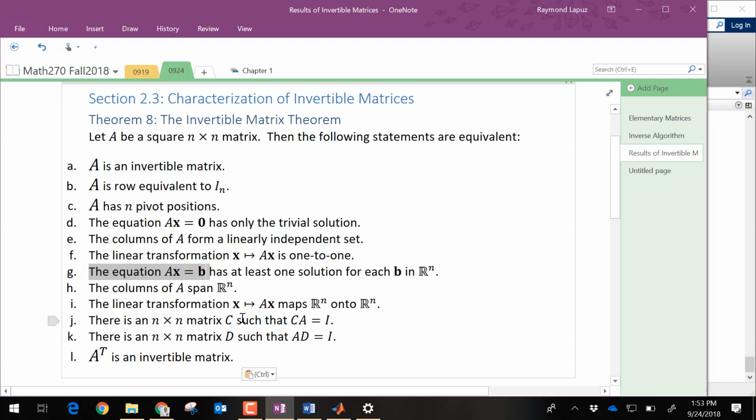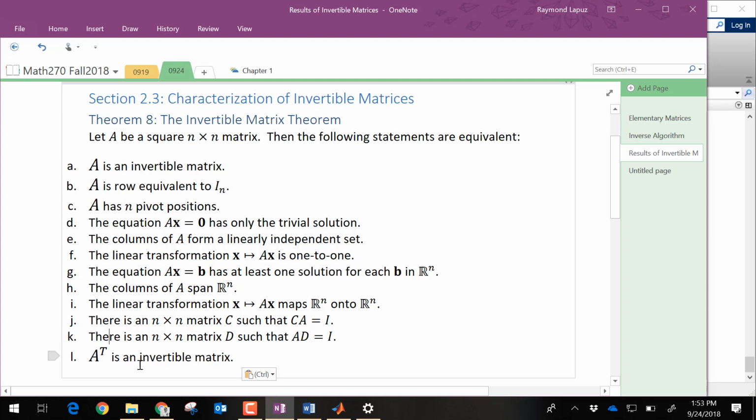For the n by n matrix, there exists a C such that C times A is equal to I, and there exists a D. All this is saying is that C in point J and D in point K are just the inverses. So we just call that A inverse.